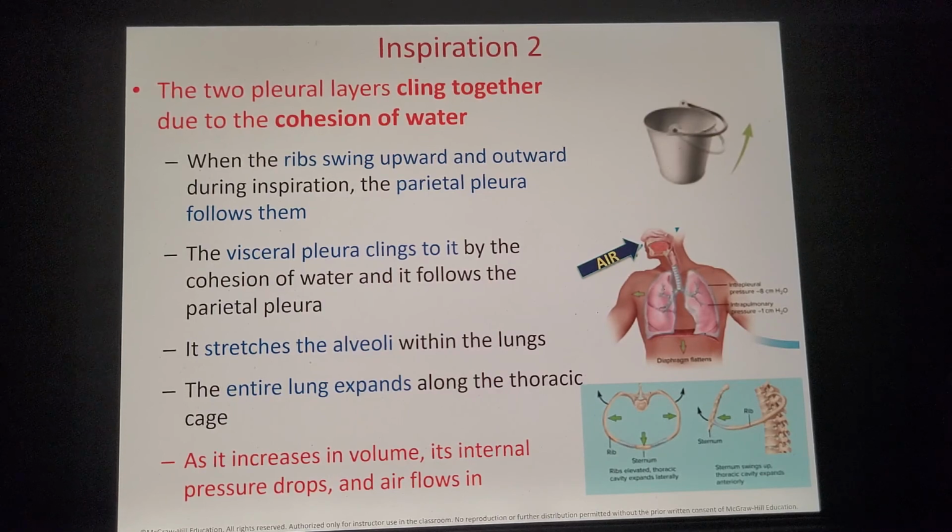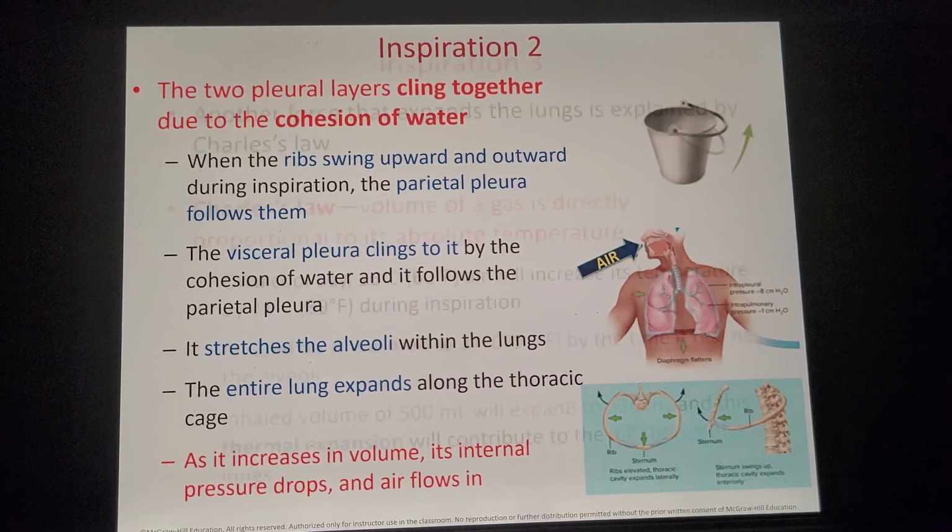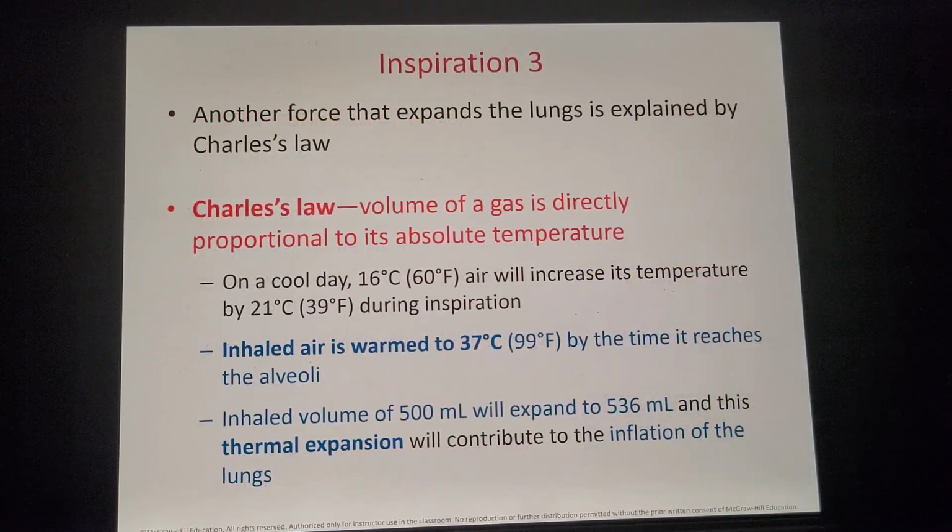So when the muscles move those bones of your ribs, that parietal pleura is stuck to them, and so they're going to move, and it's going to pull on the visceral one and cause changes to the volume of your lung. So that's what that is going into.